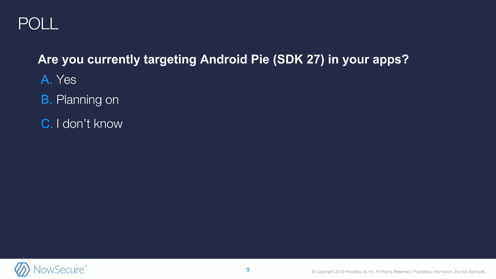Tony, I assume you've seen kind of a mixed bag out there of people targeting Pie already or not. Yeah, we're starting to see a lot more apps in the financial institutions and those heavily regulated territories. I think it's a good thing. I think if you're effectively using the features in Android Pie, you're making a really secure app.